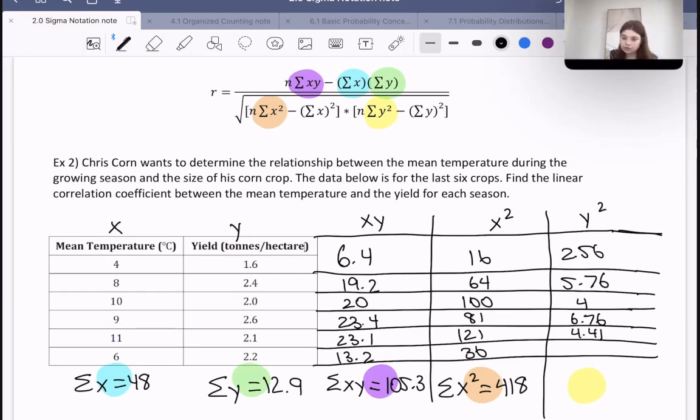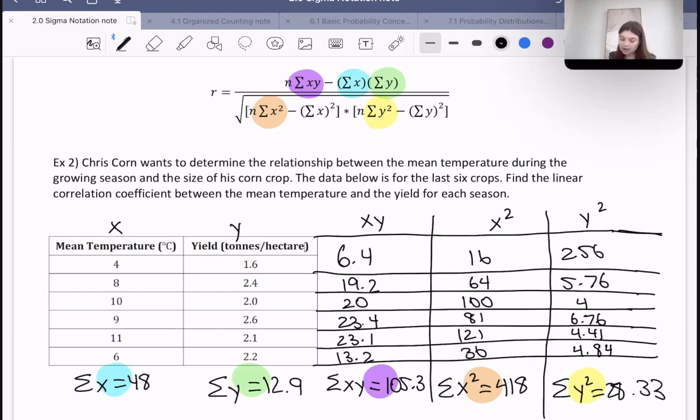And 2.2 squared is 4.84. Good. Amazing. Okay, so now I'm going to add up all of those values. 2.56 plus 5.76 plus 4 plus 6.76 plus 4.41 plus 4.84 is equal to 28.33.